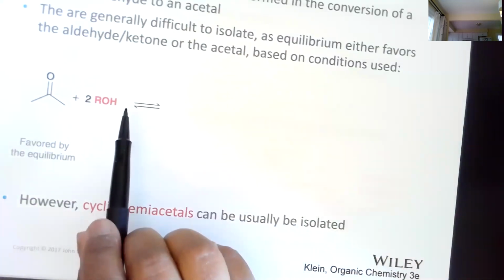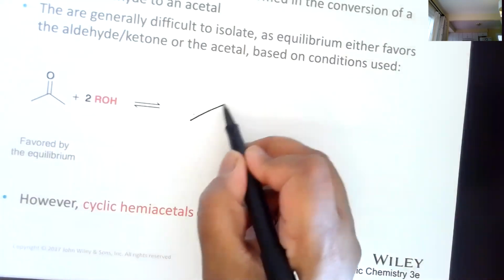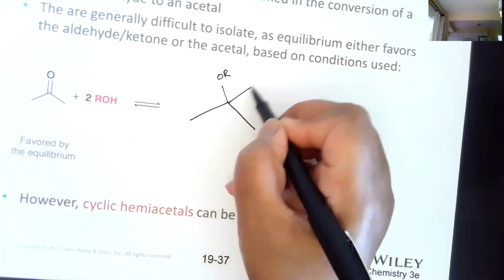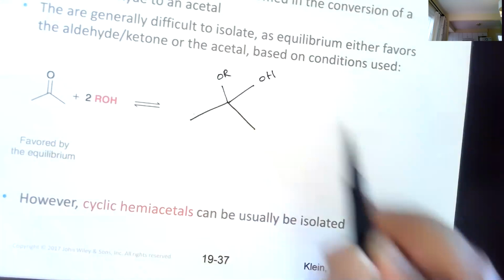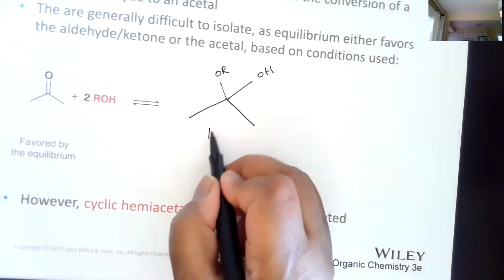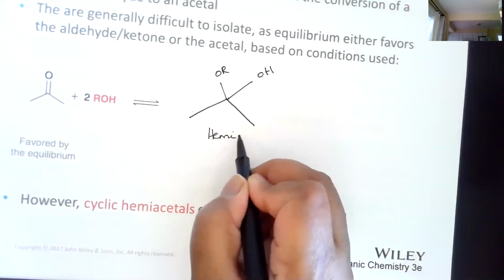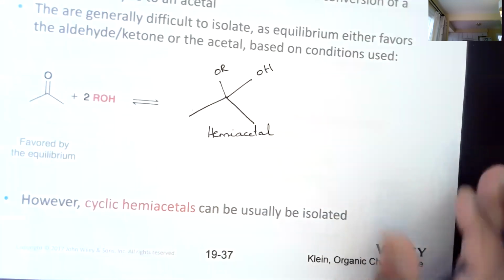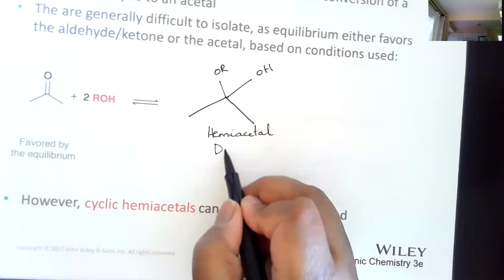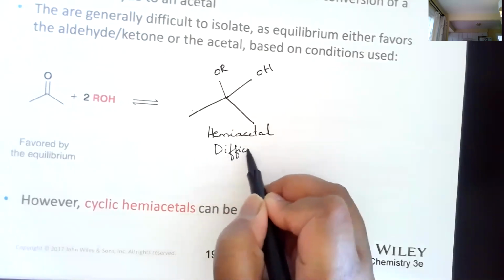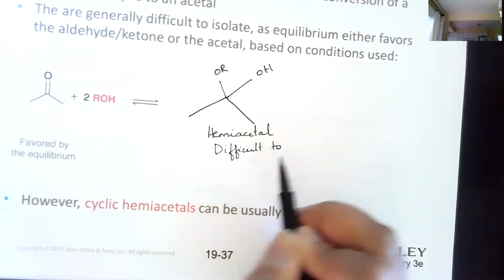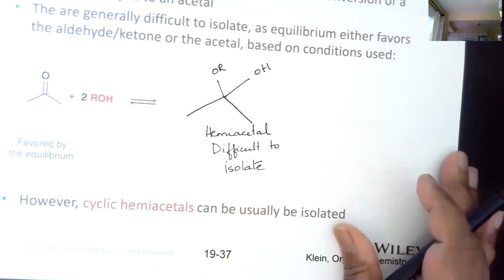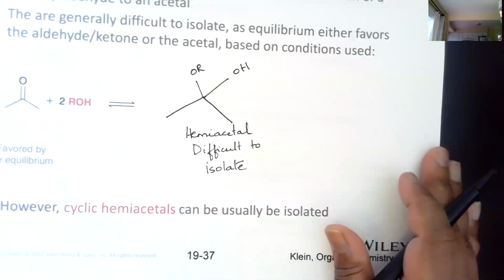So what is a hemiacetal? You have one OR and the other is an OH. Most often these are difficult to isolate, because we are forcing the reaction to happen.